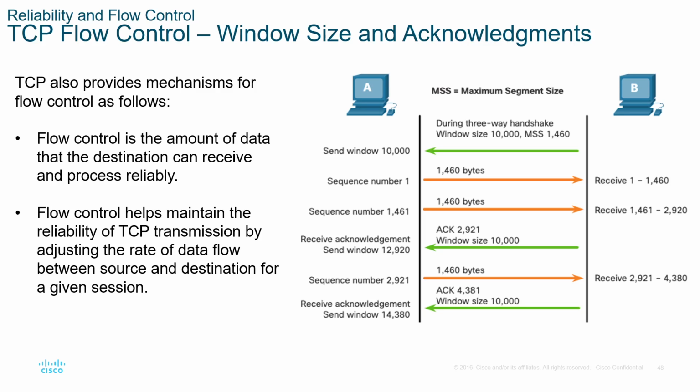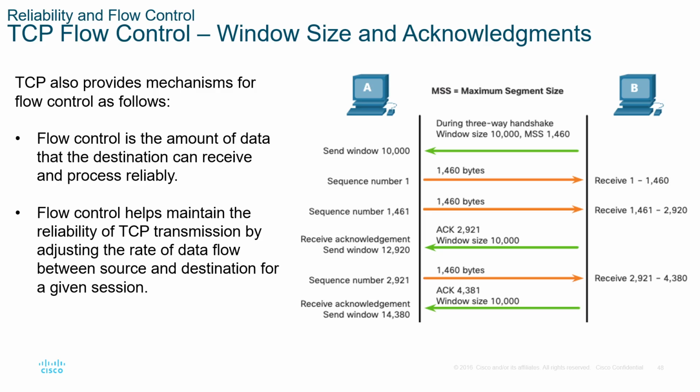So the flow control, window size, and acknowledgements. This is the amount of data that the destination can receive and handle reliably. It uses that window field to change the MTU. We just discussed this the other day, right? So the jumbo frame is something new that you guys are allowed to use in a network environment. It's not the norm for Ethernet.